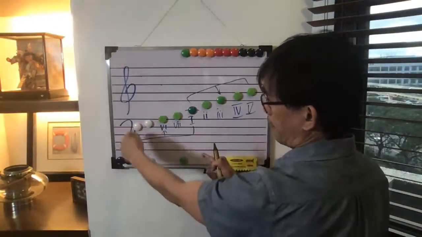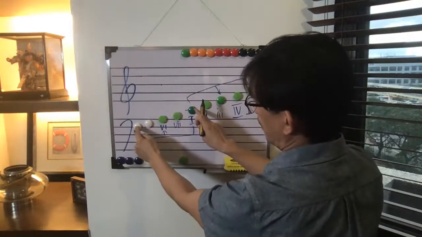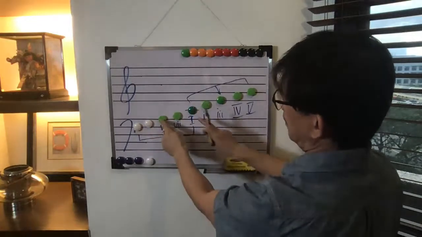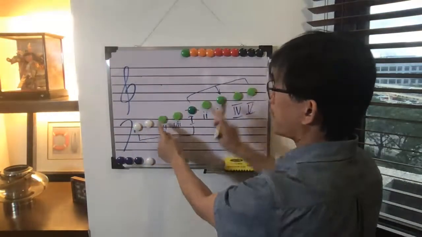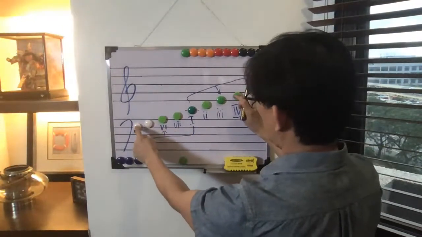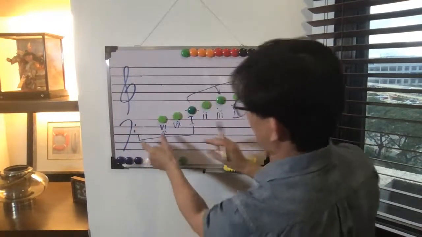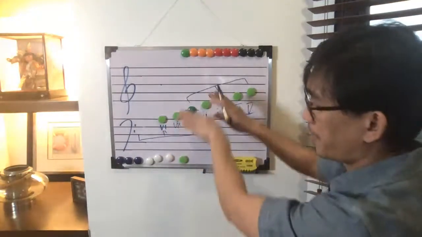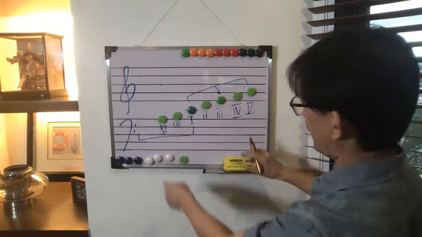But since this is lower because it's in the bass line, then we will call it submedian. Of course, this was named already. This is an octave. So let's remove those two, even if they're not there. Now you know that that's also median, but in the lower part of the scale. That's why it's called submedian.